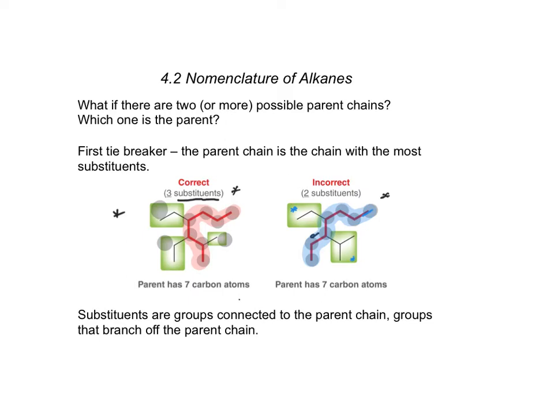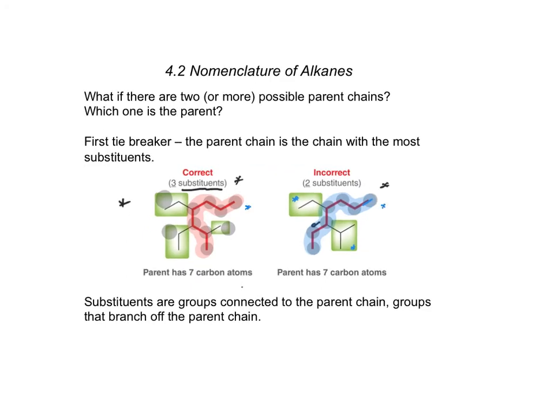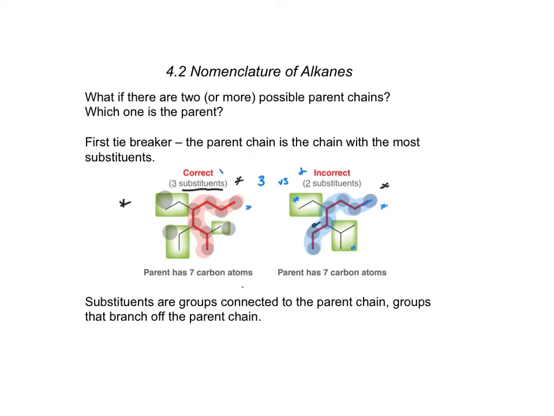So the purpose of this is determining who is the actual parent chain. Is it red or is it blue? And the answer to that is it's the one that gives you the most substituents, right? Red gave us 3 substituents, so we had 3 versus 2, right? So the parent chain is the one that's going to give you the most substituents, and so in this situation, it is this chain.